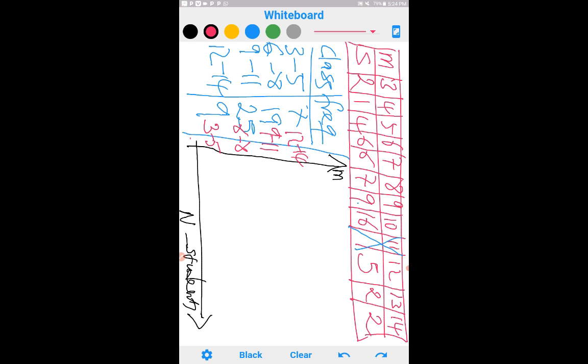So now here for the number of students, for the various classes, 3 to 5 is 7. And remember, we are representing on a histogram, and you know how a histogram looks like. So 3 to 5 we have 7.